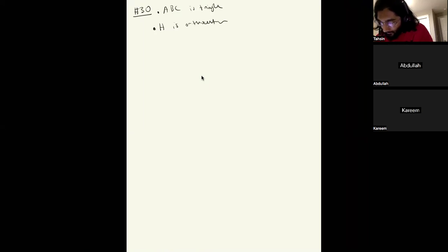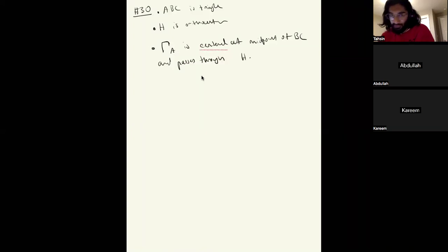and then we construct three circles. I will say gamma A is centered at the midpoint of BC and passes through H. So they're defining a circle by telling you the center and a point on the circle.